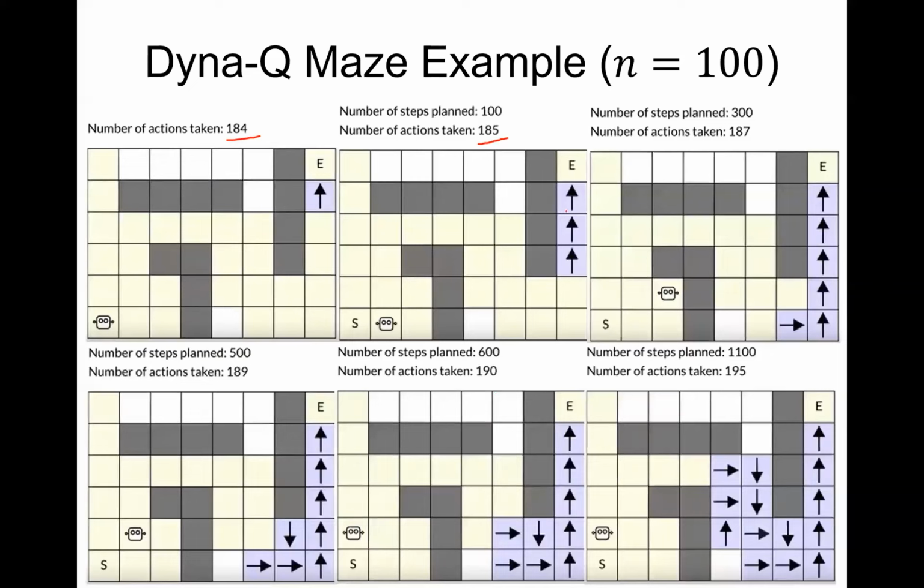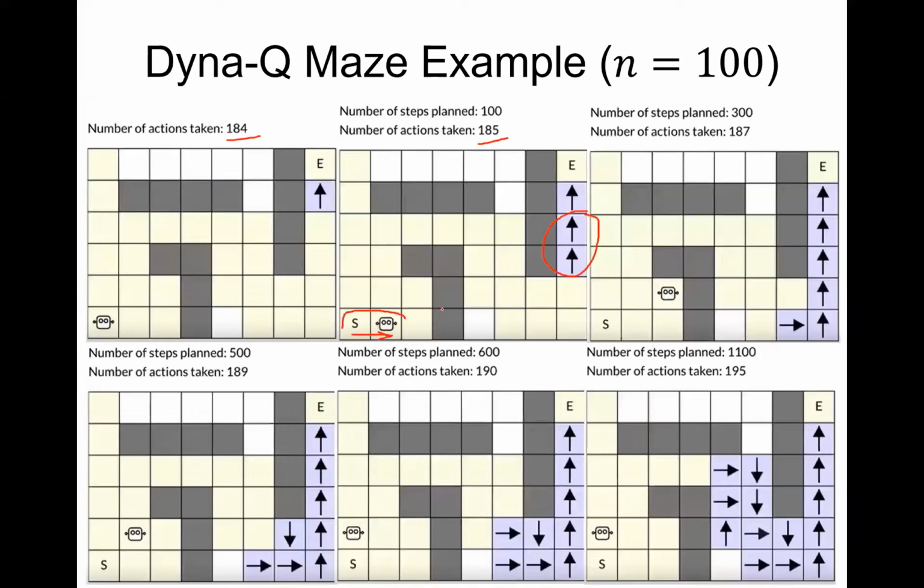And the planning will update these two Q values, although the agent has just moved from here to here. So that's the actual action.